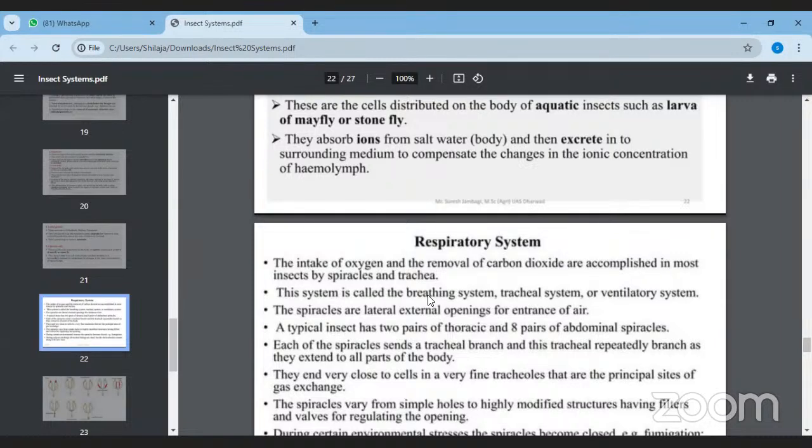Oligopneustic has one or two pairs of functional spiracles. Amphipneustic has two pairs, one mesothoracic and one post-abdominal, as in the larvae of the moth fly. Metapneustic has one pair of functional spiracles, as in mosquito larvae.